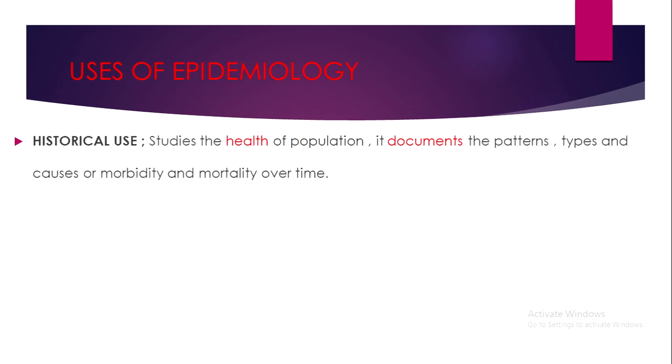Now, when we talk about the uses of epidemiology, first we will talk about the historical use. The historical use of epidemiology is to study the health of a population. It documents the pattern of a disease, and the types and causes of morbidity and mortality over time. So this is a historical use of epidemiology.